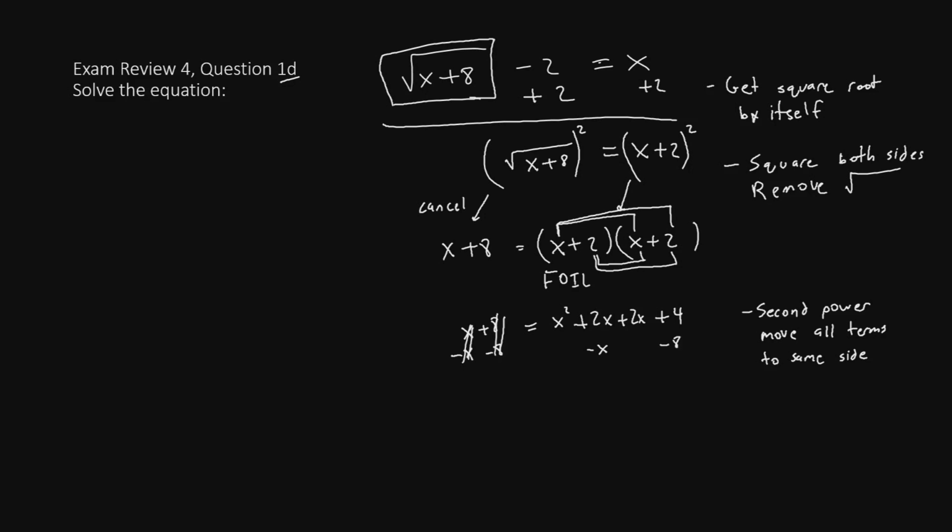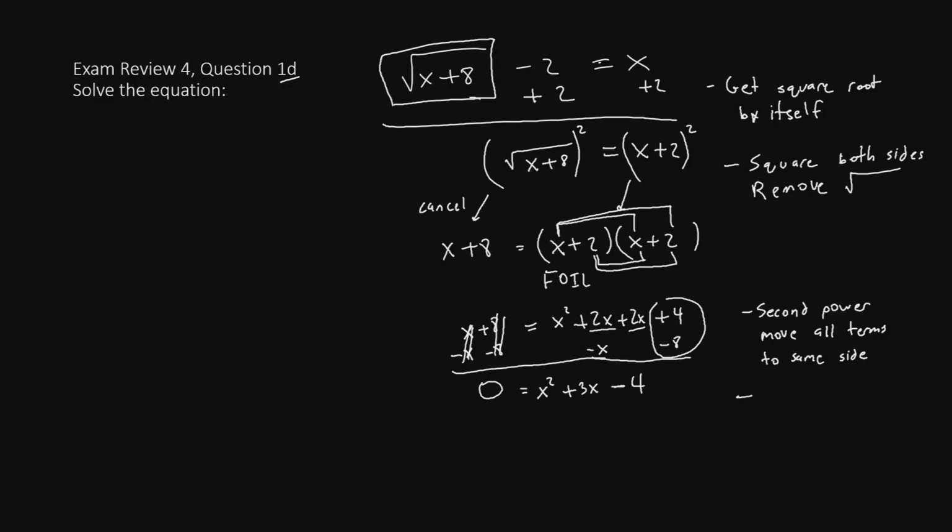This will cancel the 8. So on the left we have 0. On the right, let's do the math. We'll have x squared. If we take 2x and 2x, that gives us 4x, but then subtract one of the x's, and we'll get 3x. And then 4 minus 8 gives minus 4.